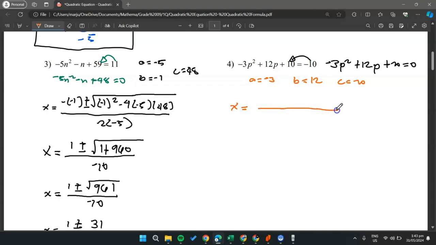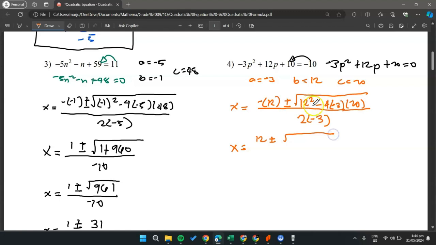x is equal to negative of 12 plus minus the square root of b squared, so that is 12 squared, minus 4 times a, which is negative 3, times 20, our c, and again all over 2 times negative 3. And then simplify, negative 12 plus minus, what is 12 squared?